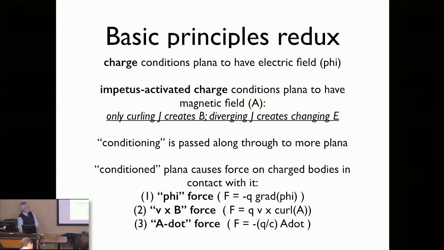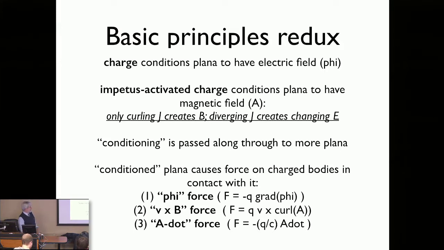So remember that charge conditions the space to have an electric field which is further specified by the phi field. So the electric field and the phi field are related. Current-carrying charge conditions the space around it to have a magnetic field which is further specified by A. But remember, only the curling J creates a B field, and diverging J creates a changing E. And then this conditioning gets passed along.